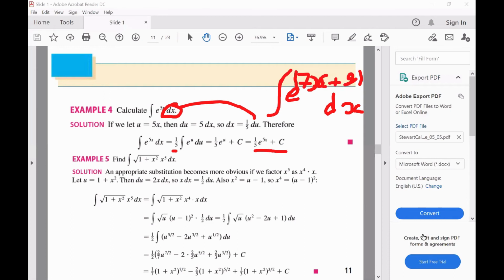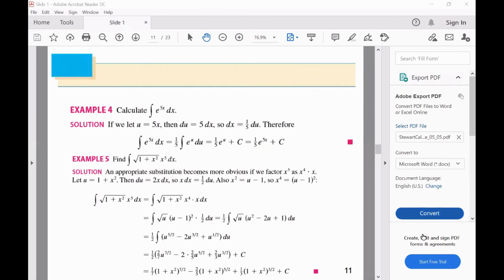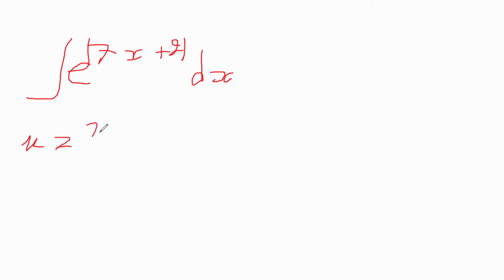نفتح فايل جديد. إذا المطلوب هو exponential 7x plus 2 dx. إذا نسمي u هي 7x plus 2، u equals 7x plus 2.